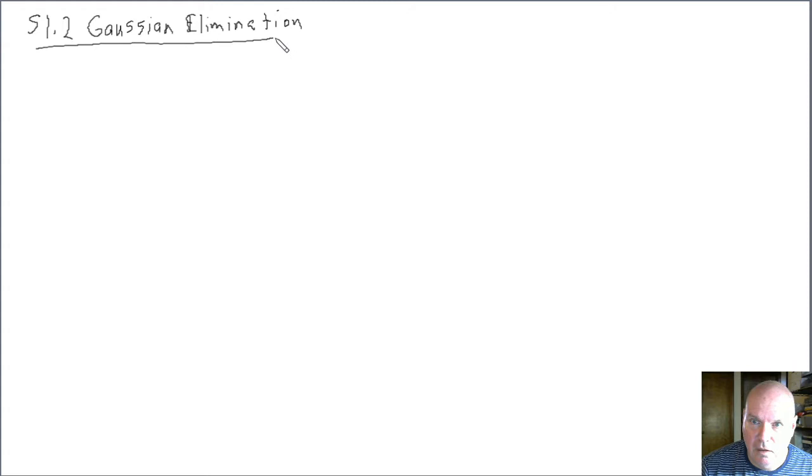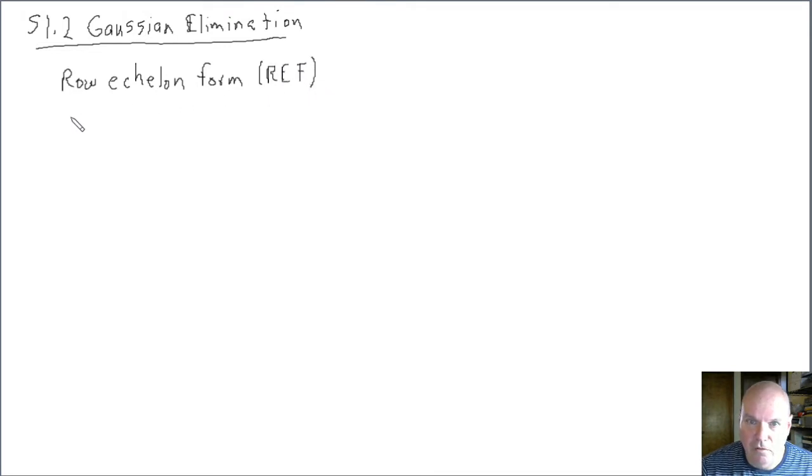Okay. What we want to do is actually try to reduce our linear system of equations to a particular form that's called row echelon form, which I'll often abbreviate REF.